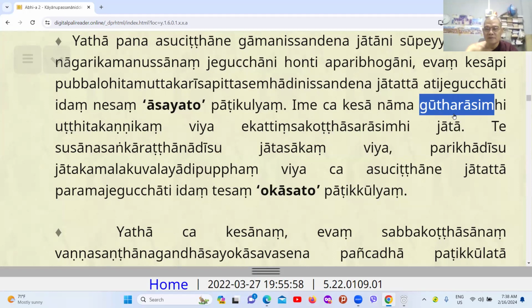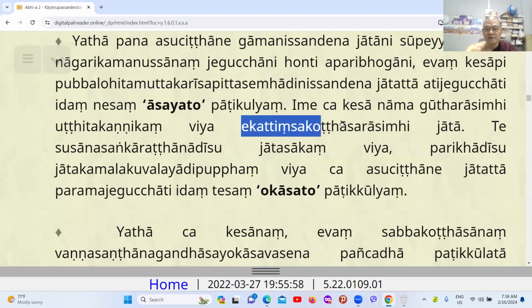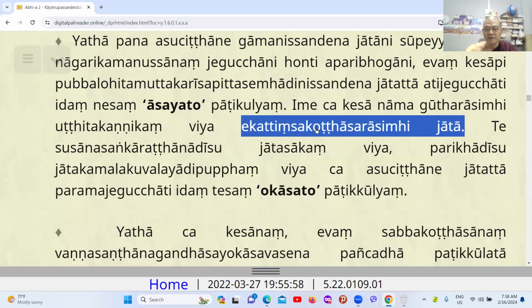The mushroom grows at the heap of pieces there. Ekadesakutasa rasamichara. It grows due to the 31 parts of the body. Without the 31 parts of the body, there will be no kesa. This kesa grows depending on the 32 parts of the body.